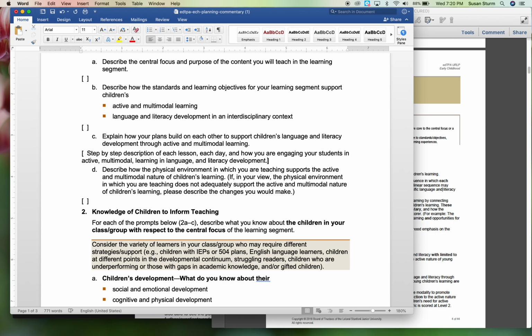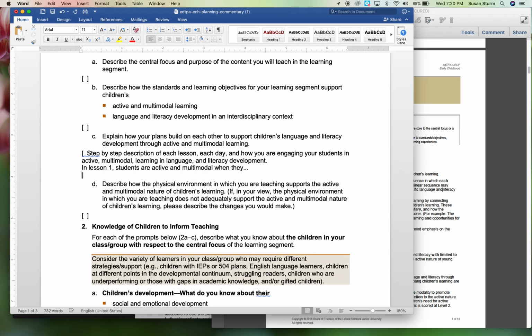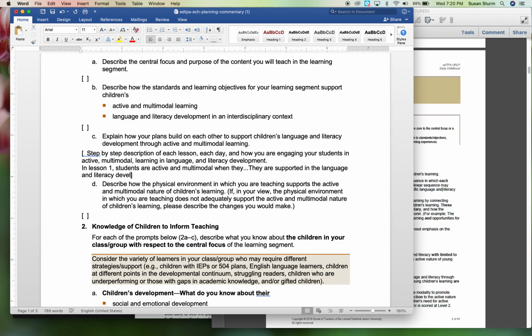So if you think about this, you're going to go one by one through your lessons and say things like, in lesson 1, students are active and multimodal when they, and then explain, and then they are supported in their language and literacy development when they, and insert the thing.